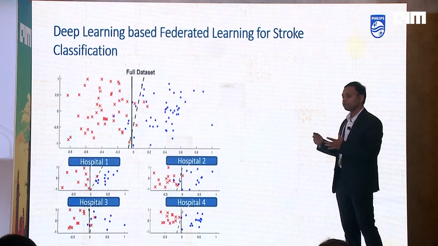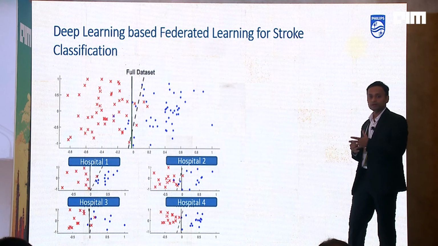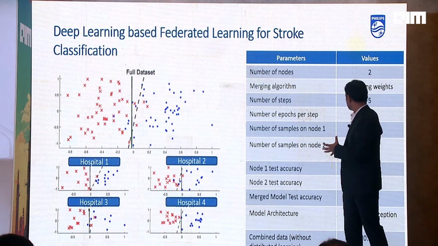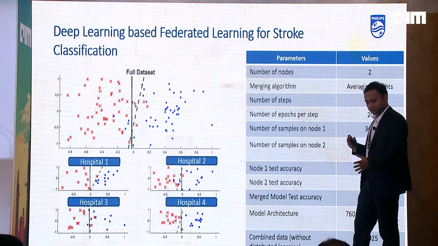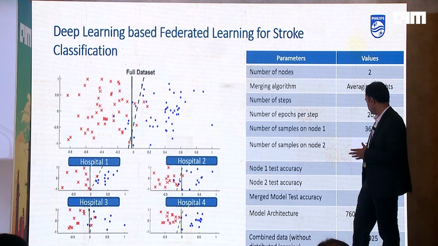Now, to test the accuracy levels, this indeed works in real time on the same data set that we put across. We took the two hospital networks here, number of epochs, and we run on two different nodes. You can see that the accuracy of the first hospital was 0.86 or so, and the other node is at 0.89.